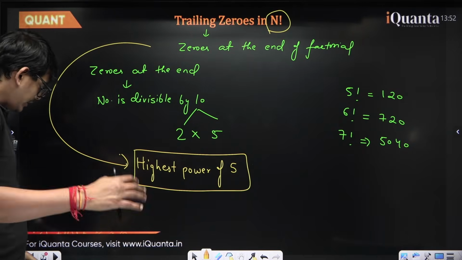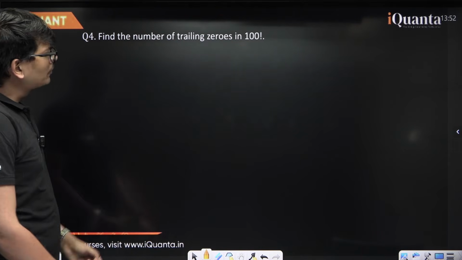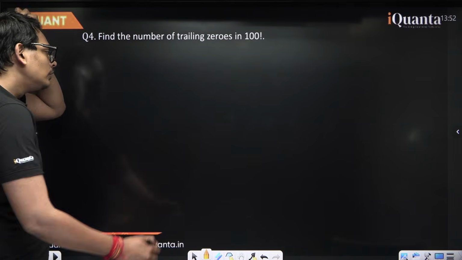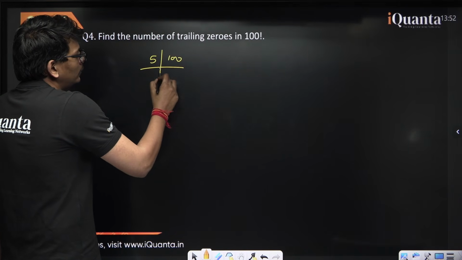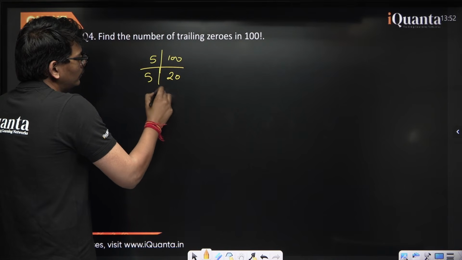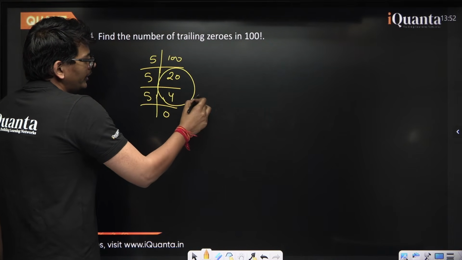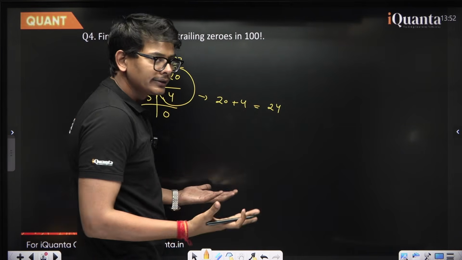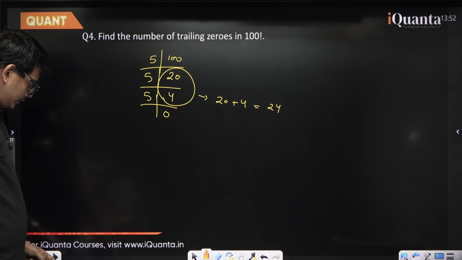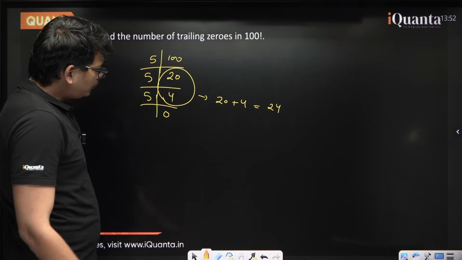ठीक है, चलिए, let's solve few questions. This one, find the number of trailing zeros in 100 factorial. So we have to find out highest power of 5. 24, quotient is 0, so take the sum. Answer is 20 plus 4, 24. That's it. Let's take one more example to make you understand.